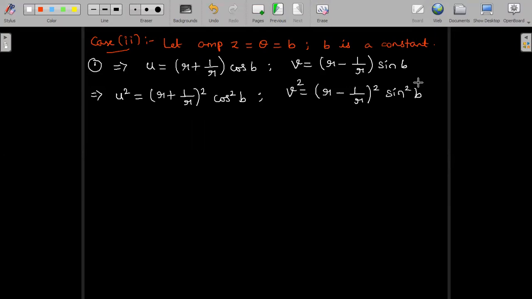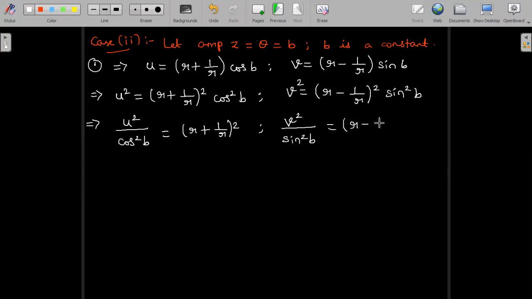Now we will divide throughout by cos square b and sin square b respectively. So this gives us u square divided by cos square b is equal to r plus 1 by r the whole square. And similarly, v square divided by sin square b is equal to r minus 1 by r the whole square. So the purpose of dividing like this is to subtract these two equations.